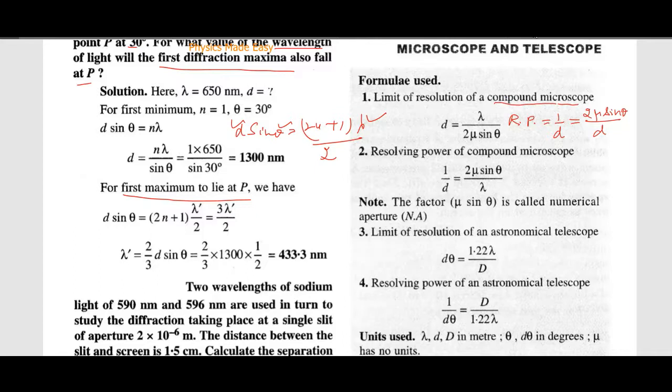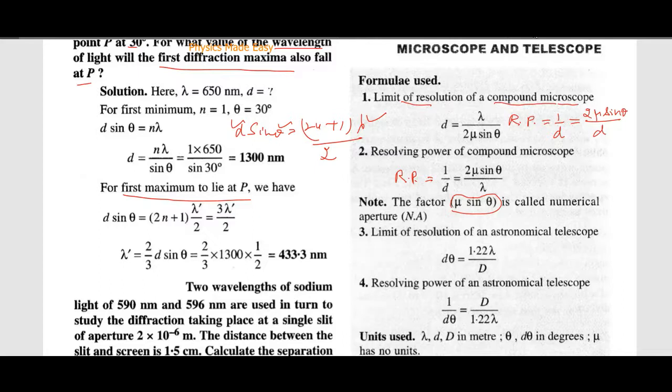Next is resolving power of compound microscope. Here he has given limit of resolution. Remember, this is limit of resolution. In the very next step, resolving power. Resolving power of compound microscope is this. Mu sine theta is numerical aperture.